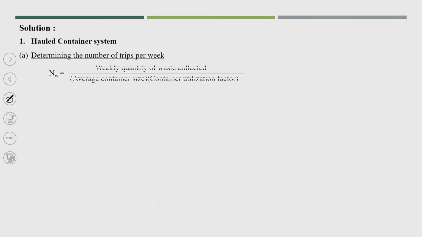We can calculate this as NW, the weekly quantity of waste collected, divided by the average container size, which is multiplied by the utilization factor. By that way we can calculate how many trips will be required in a week. It is very simple to understand: weekly quantity collected divided by container size.